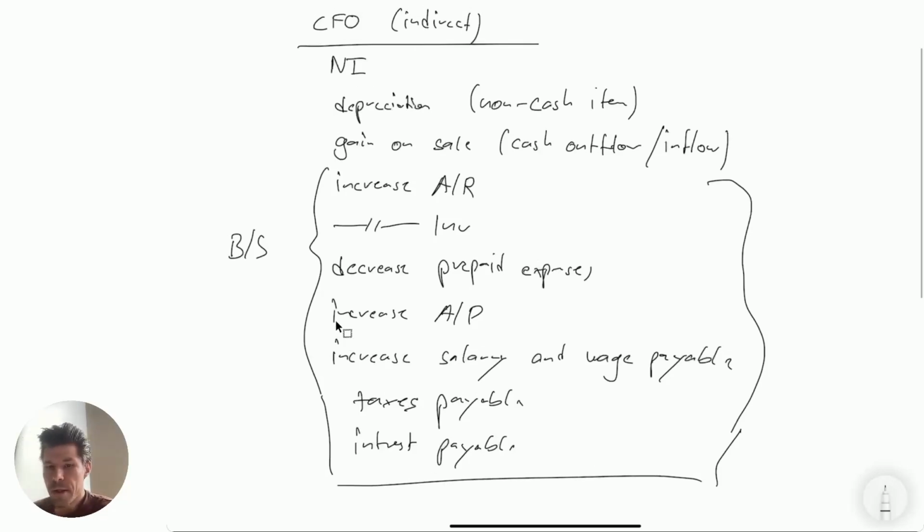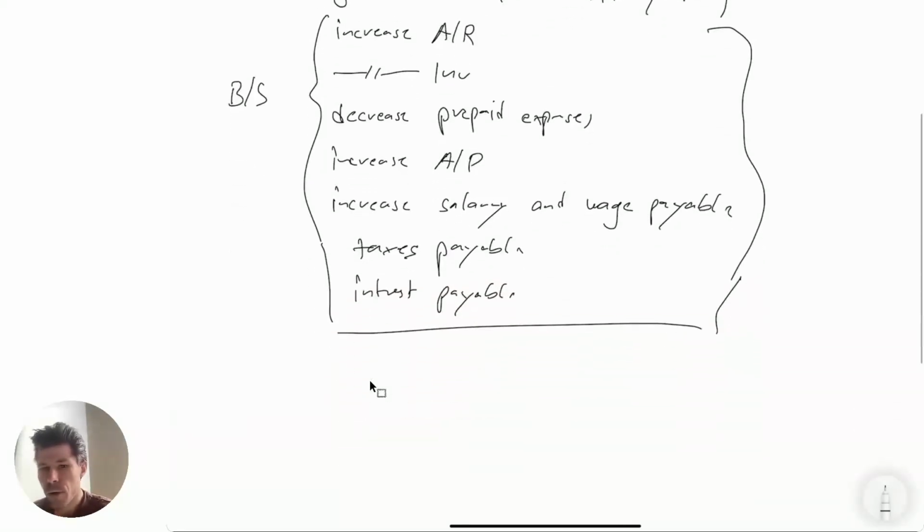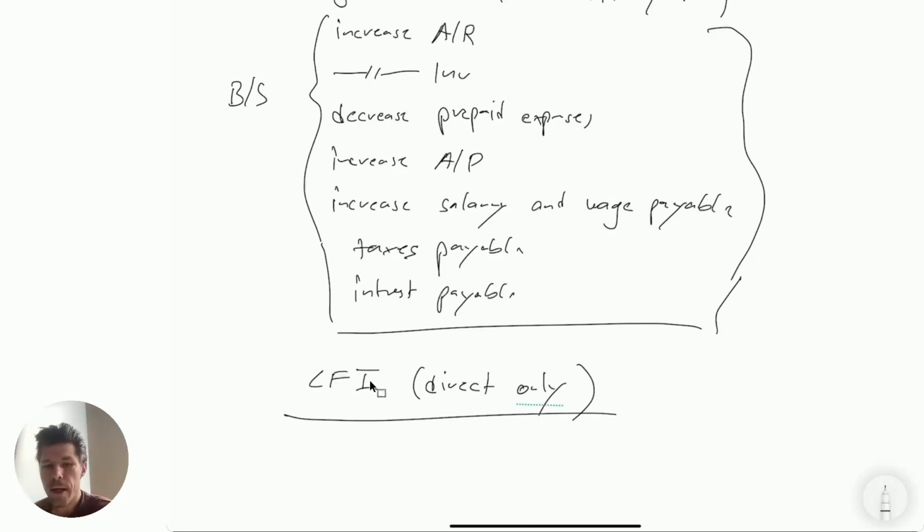The direct method is similar to what we do for cash flow from investing and cash flow from financing. If we look at cash flow from investing activities, there is only the direct method. There is no indirect method.